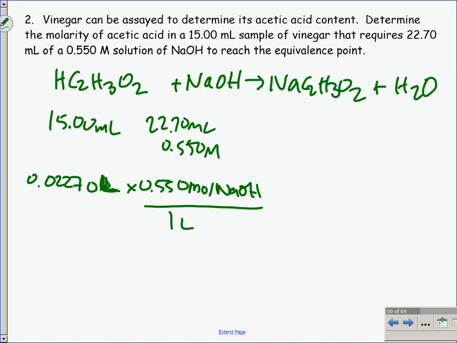I think this is probably where you are or farther at this point. So you have your acetic acid plus sodium hydroxide yielding sodium acetate and water. That's a double replacement reaction.